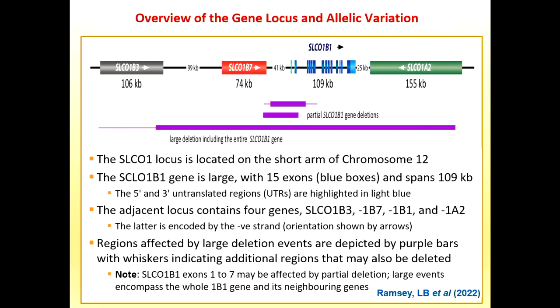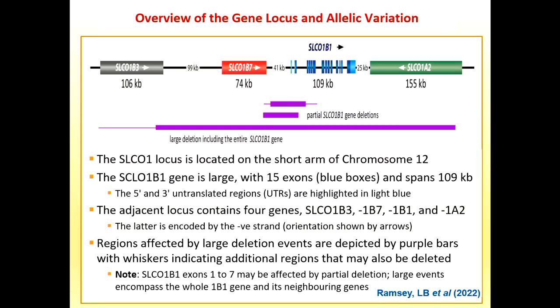Now, as we've seen with a lot of genetic loci for pharmacogenes, they get pretty complicated, and for a non-genetic specialist like myself it gets a bit hairy. The interesting thing about this particular gene locus is it's located on the short arm of chromosome 12, but there's a whole run of other related transporter genes located next to it, and for reasons that often seem a bit surprising, the orientation of some of these related transporter genes is different.